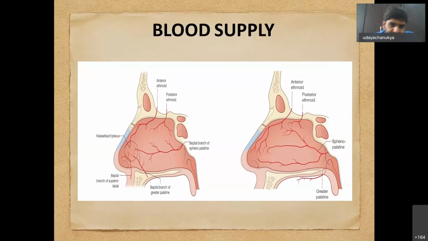Coming to the septum, the anterior and posterior ethmoidal arteries supply the superior part, and the anterior supplies extra the anterior part, whereas the septal branch of the sphenopalatine artery contributes to the majority part of the nasal septum, and the septal branch of the greater palatine artery and superior labial artery contribute to the smaller antero-inferior part. All of these branches form a confluence at the antero-inferior part of the septum, which is called Kesselbach's plexus.